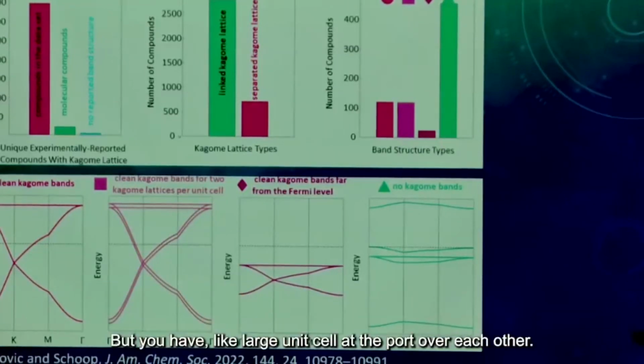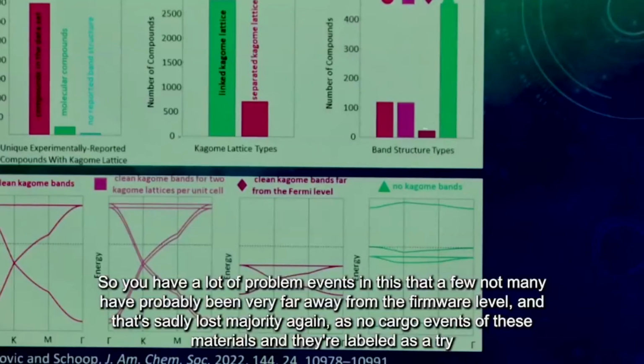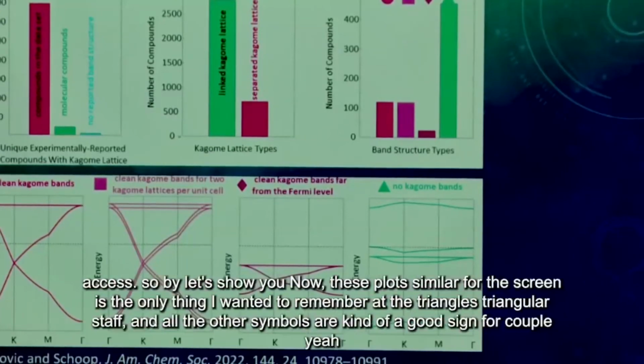These also have clean carbonate bands, but you have large unit cells that fold over each other, so you have a lot of carbonate bands in this. Then a few compounds, not many, have carbonate bands very far away from the Fermi level. And then sadly, the vast majority again has no carbonate bands, and they're labeled with a triangle. So when I show you these plots now, similar to the square nets, the only thing I want you to remember is the triangle is bad, and all the other symbols are a good sign for carbonate bands.